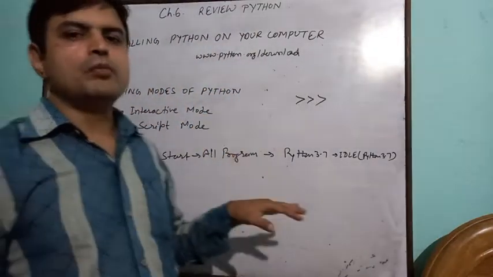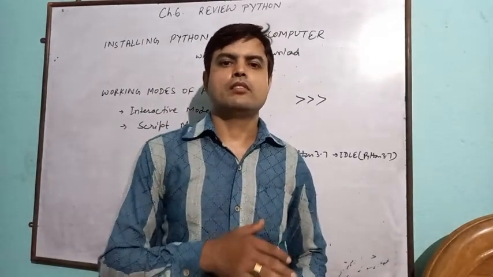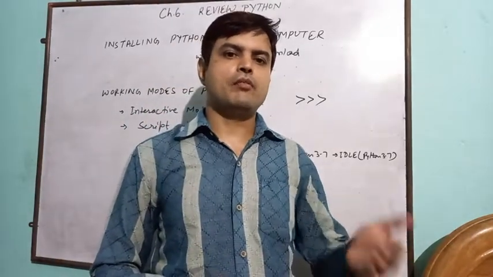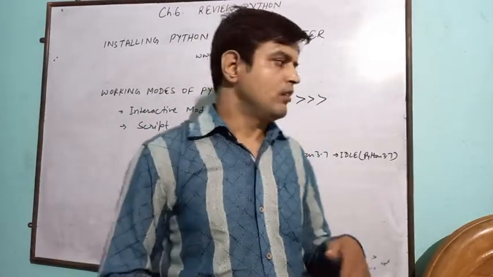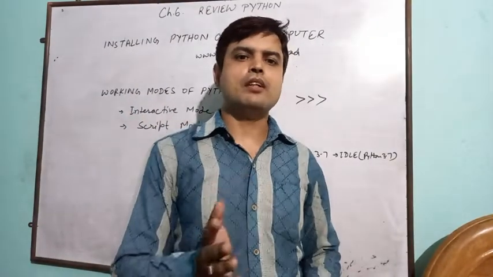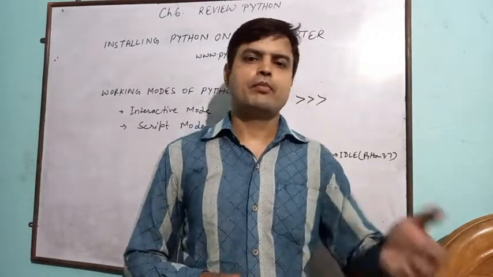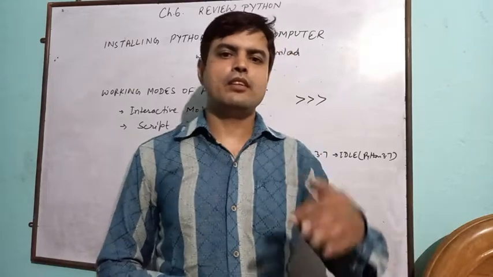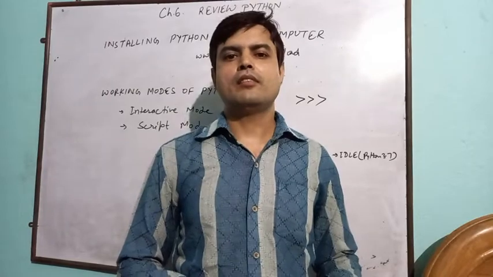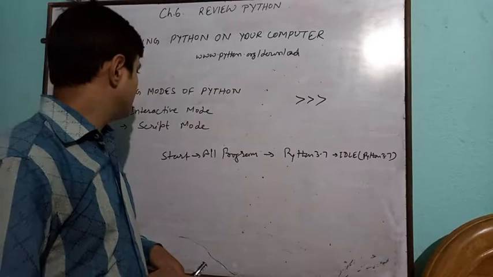In interactive mode, whatever command we give to the computer, its output is displayed instantly, as the interpreter executes the commands line by line. We give an instruction, press the enter key, and get its output. Then we give another instruction and again get the output instantly.